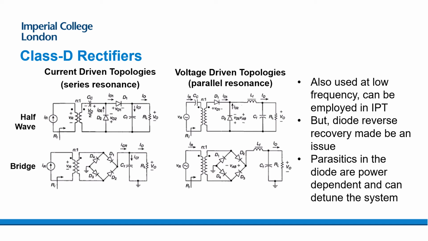These topologies here that you see are pretty standard power electronics topologies. Some of the issues that you might get when you move to operating these at high frequency are related to what you might expect, perhaps diode reverse recovery, but also the fact that the parasitic junction capacitances on the diodes are voltage dependent, so their average value through a cycle of operation depends on the power throughput of the circuit, and changes in those parasitics can then end up detuning the system.